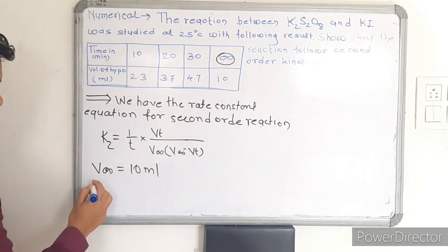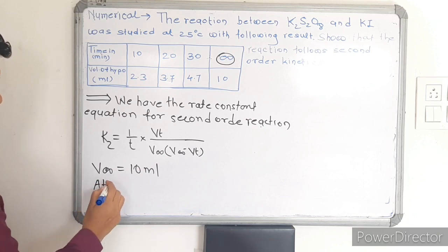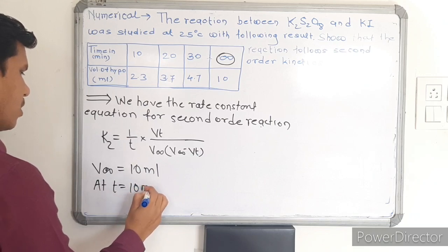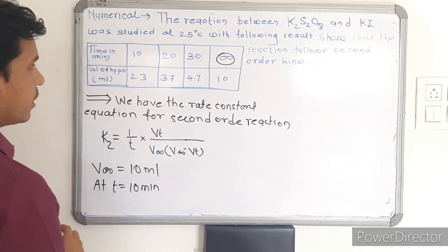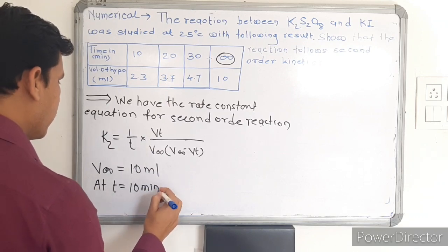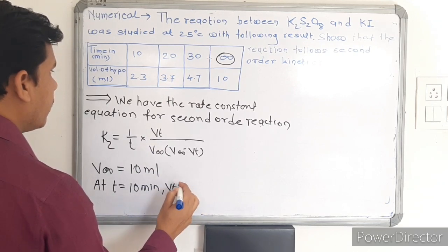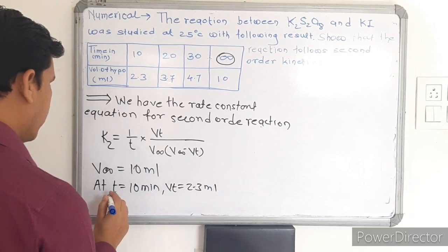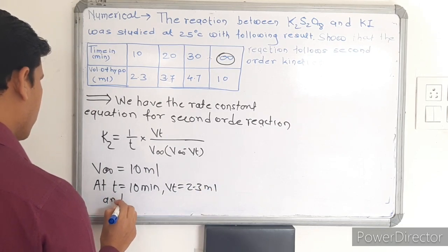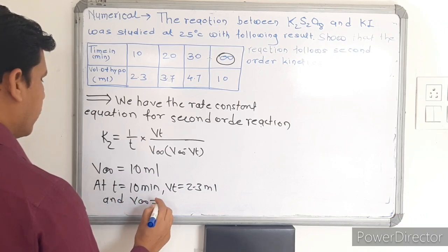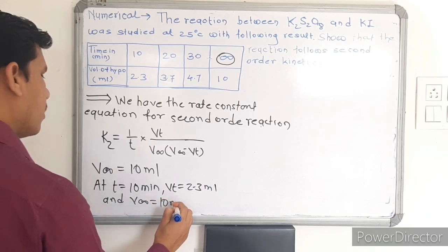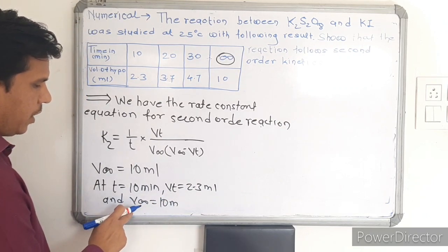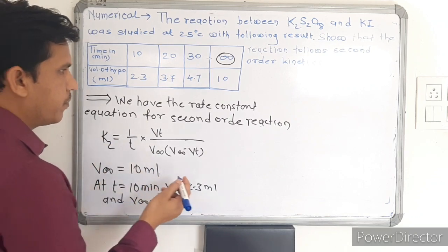First, at time t is equal to 10 minutes, Vt is 2.3 and V infinity is equal to 10. Now put the values of V infinity and Vt in this equation.